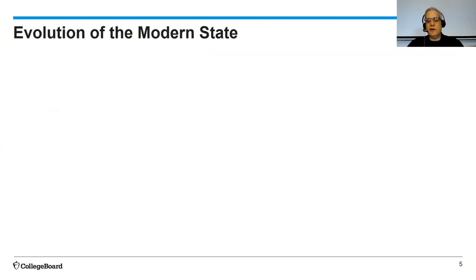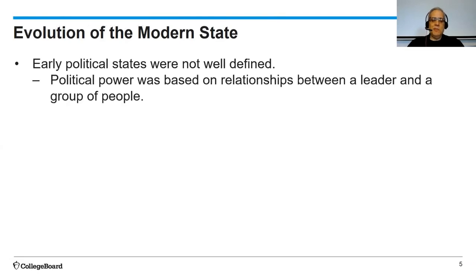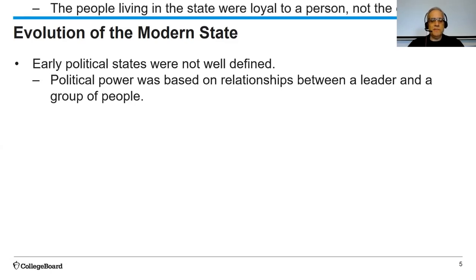The evolution of the modern state happened in the last couple hundred years. Early political states were not well defined. Political power was usually based on relationships between a leader and a group of people, or a king and their subjects, not on the fact that the people were part of a larger country.